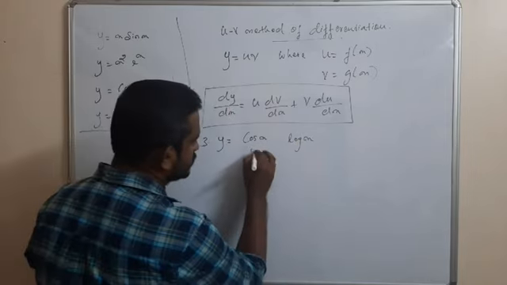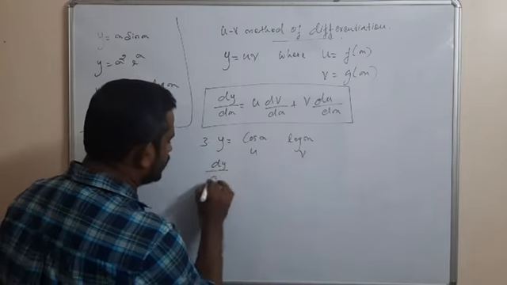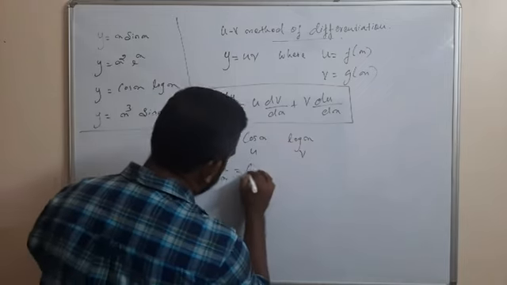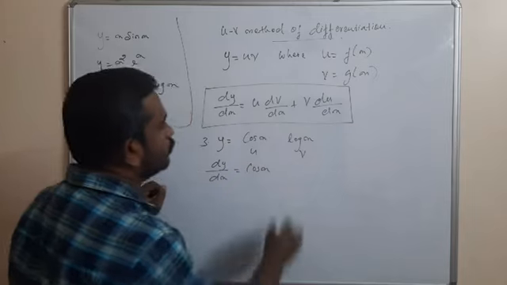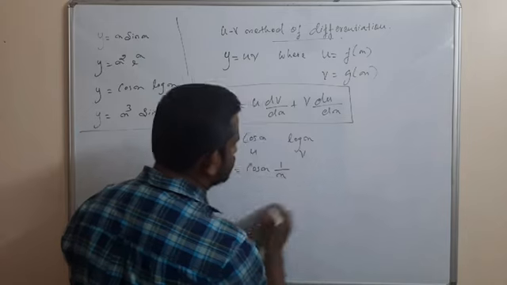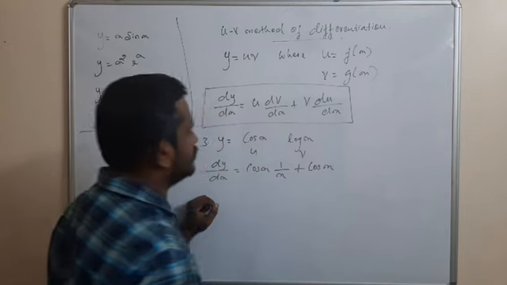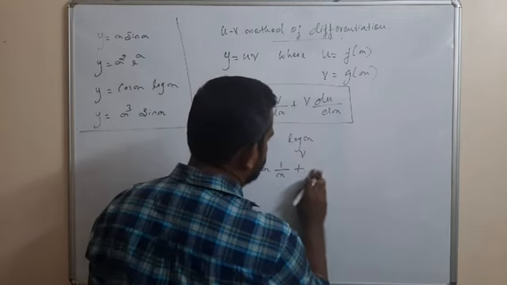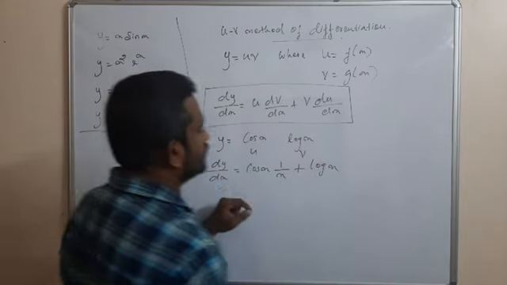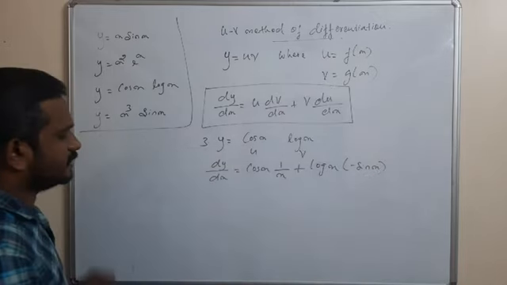So this is u, this is v. dy by dx equal to u into dv by dx, that is cos x into 1 by x, plus v into du by dx, that is log x into minus sin x.